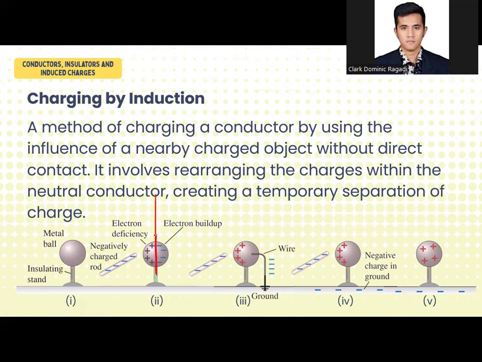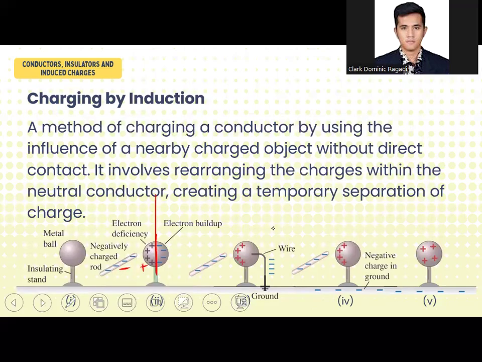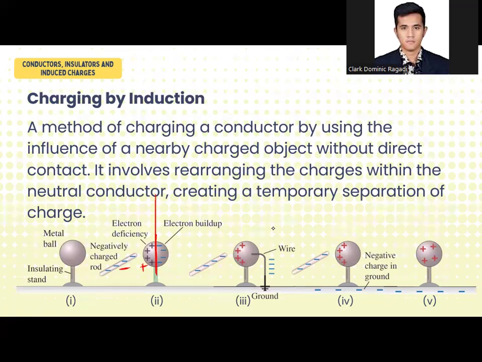Polarized means the metal ball would have a positive pole and a negative pole. Since the rod is in this location, it would attract the positive charge of the metal ball. That is why the left side of the metal ball is positive, and the other side is negative, because the negative charges are being repelled to that side.